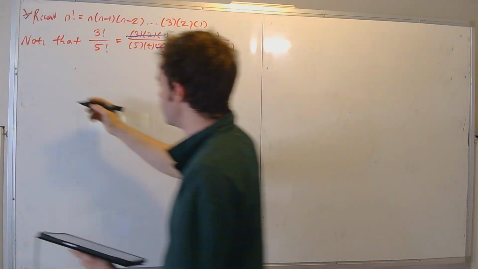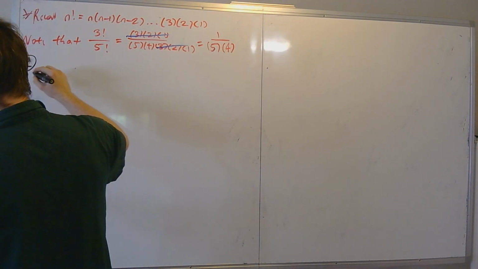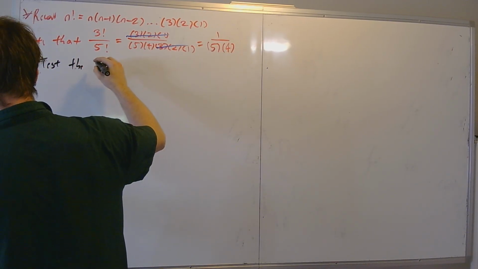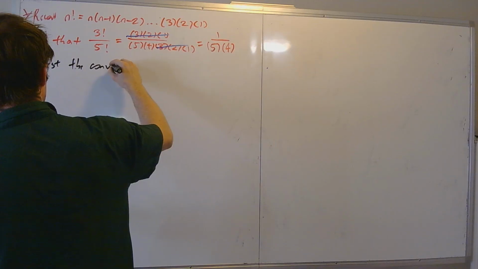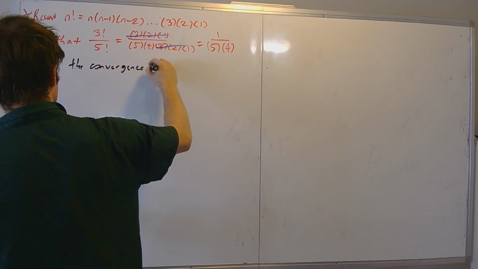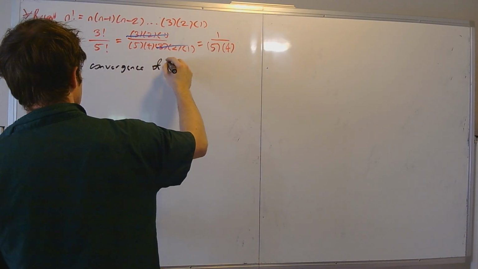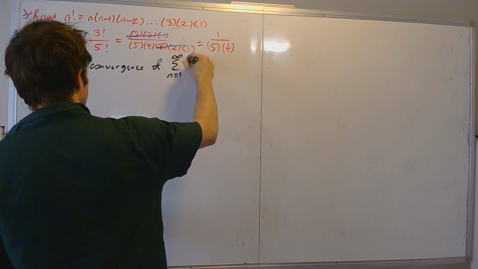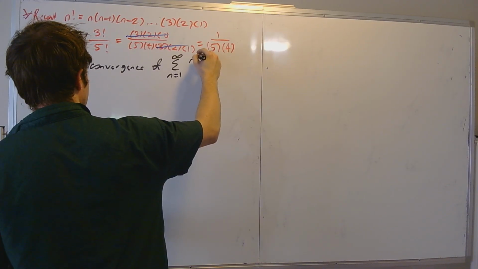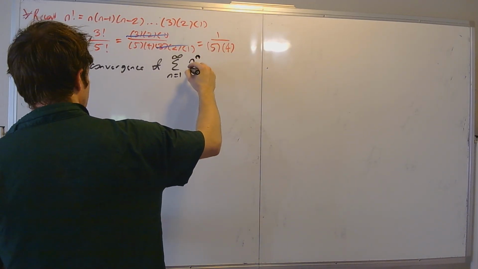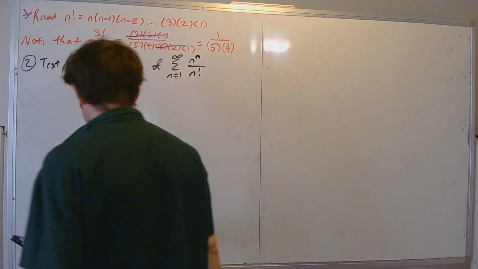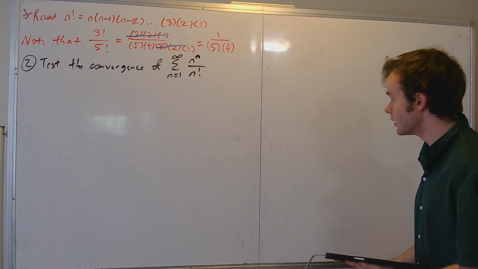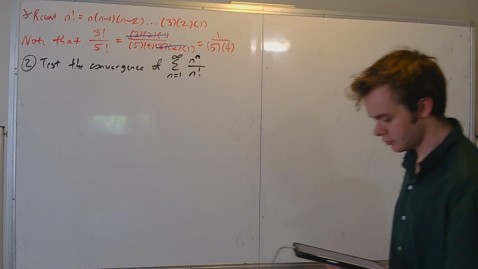So the next example, number 2, is test the convergence of the sum from n equals 1 to infinity of n to the power of n over n factorial. Okay, so here, again, we want to try using the ratio test.